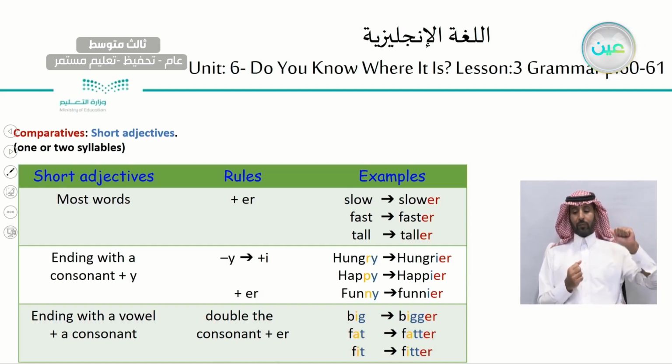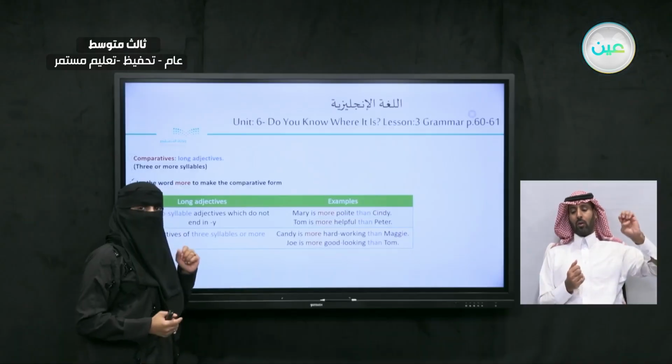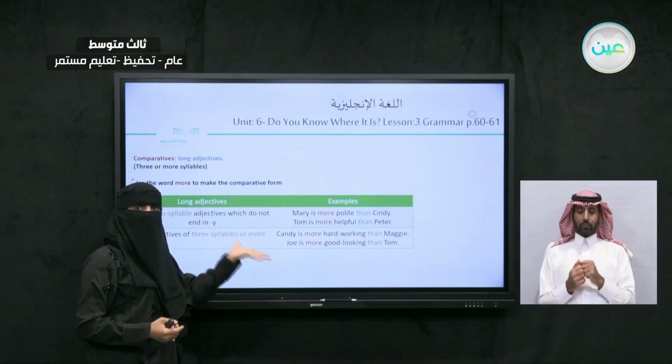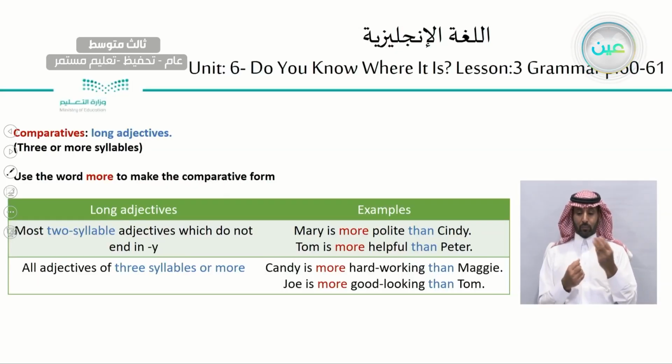Fit, fitter. Okay, this is the rule if we have a short adjective. If we have a long adjective, three or more syllables, use the word more. That's why with more expensive, it's a long adjective. That's why we used more to make the comparative form.